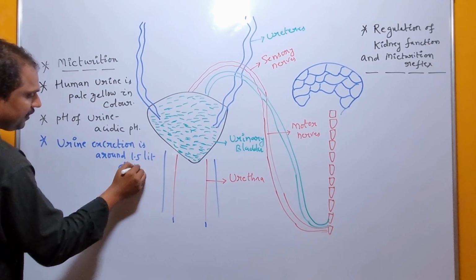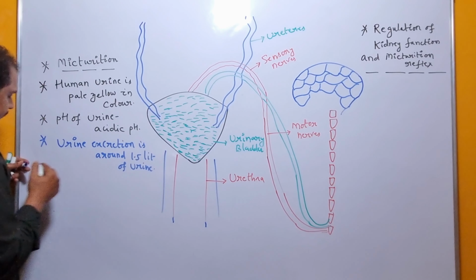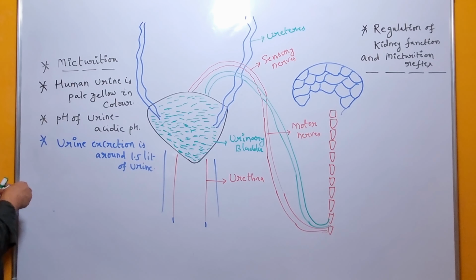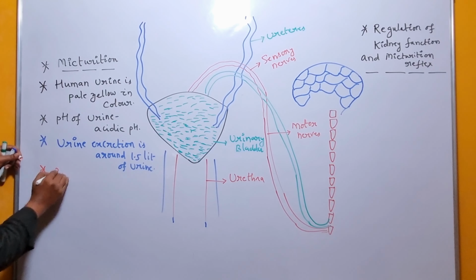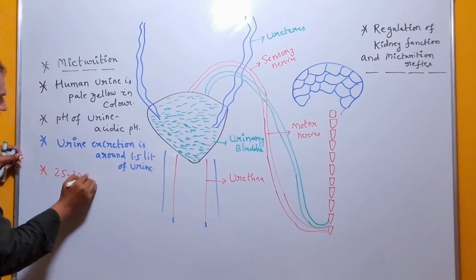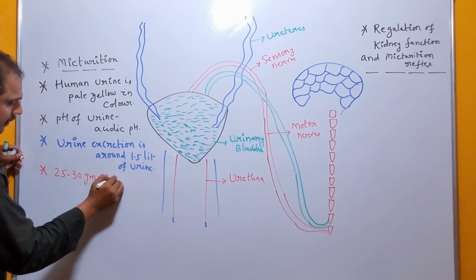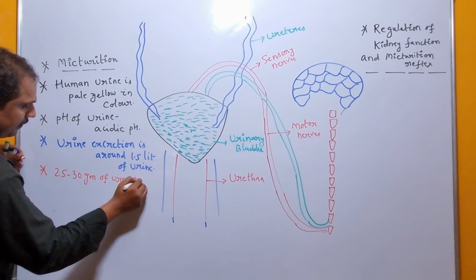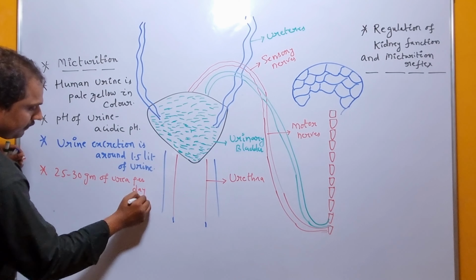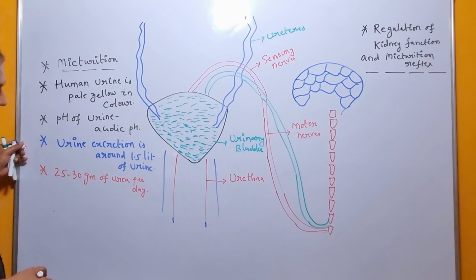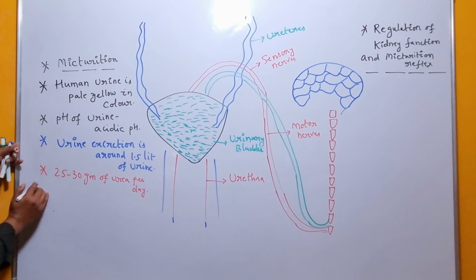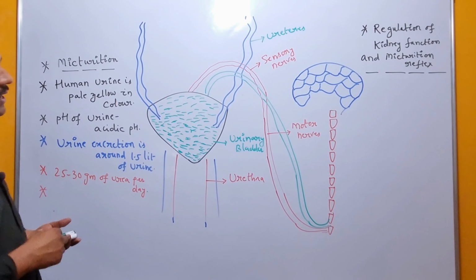And a human also excretes around 25 to 30 grams of urea per day. Is it clear?